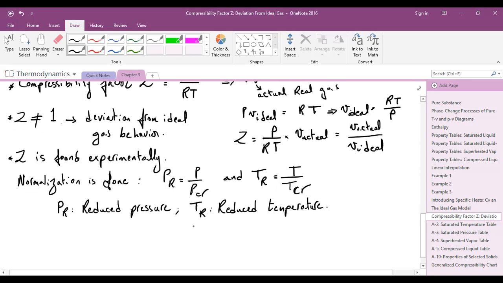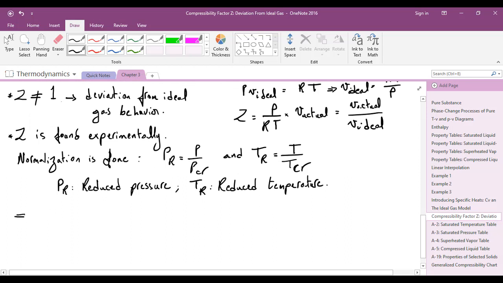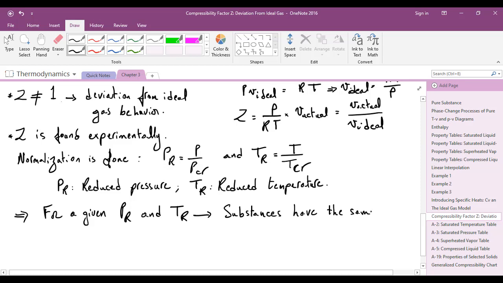So it was found that for a given reduced pressure and reduced temperature, different substances have the same value of Z. This is called the principle of corresponding states.